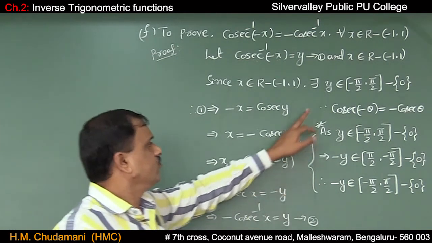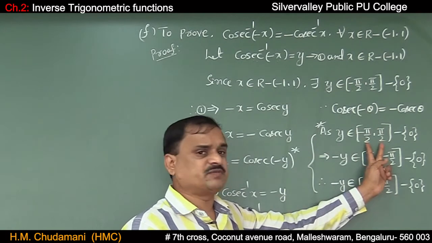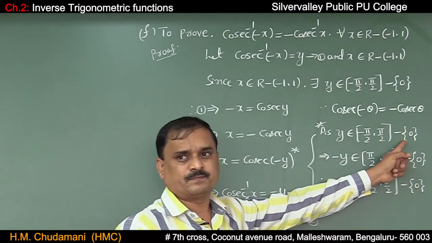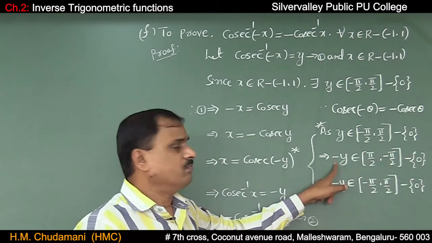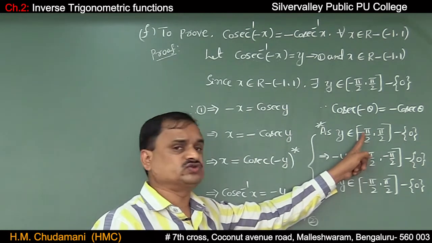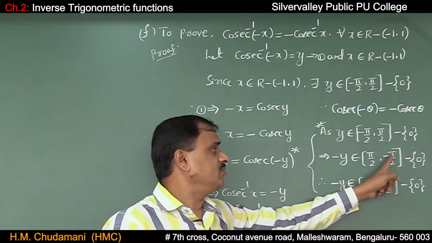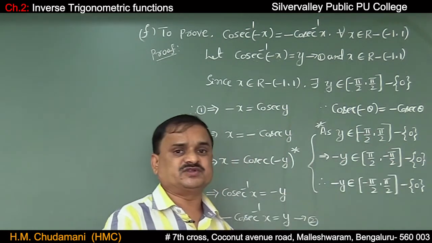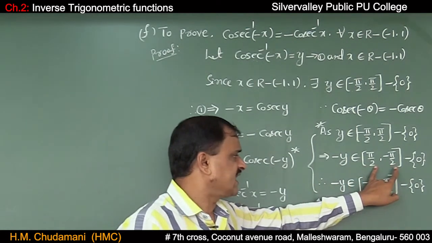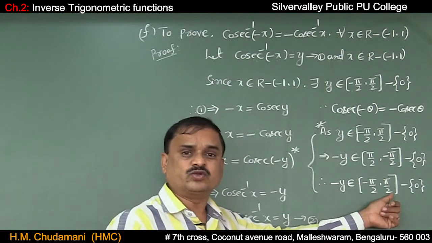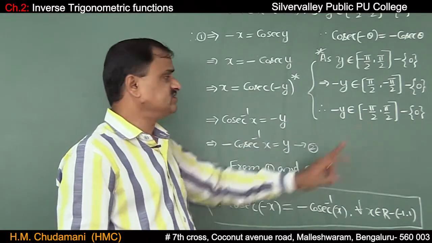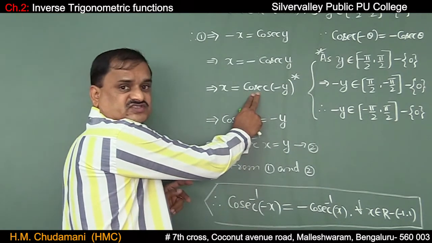See this? y belongs to minus pi by 2 comma plus pi by 2 except 0. Multiply with minus: minus y belongs to pi by 2 comma minus pi by 2 except 0. Now minus y belongs to, this can be written as minus pi by 2 comma plus pi by 2 except 0. So this is within the principal branch, so the inverse of this we can write.